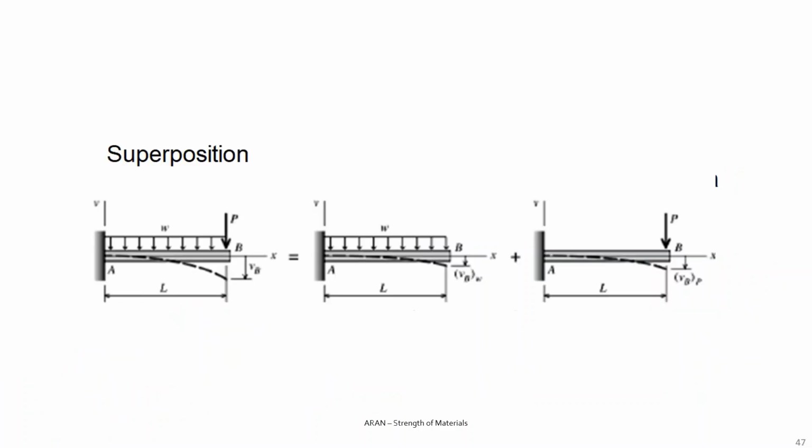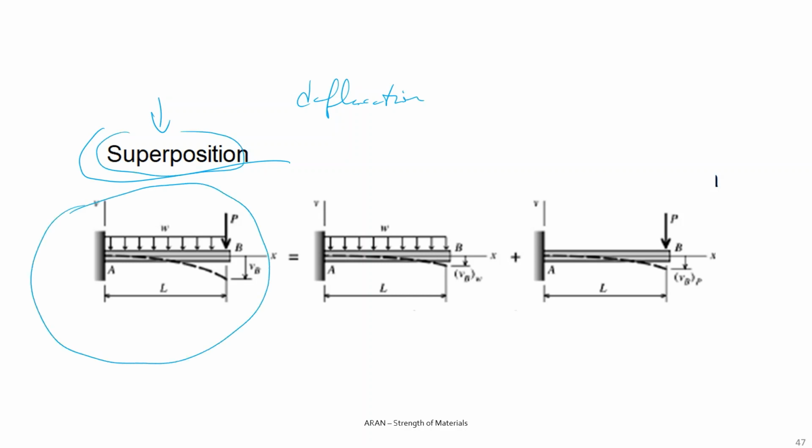And as a last slide, we use superposition for our stress calculations. For our deflection calculations, you can also use superposition. For example, in this beam, you have a distributed load and you have a single load.